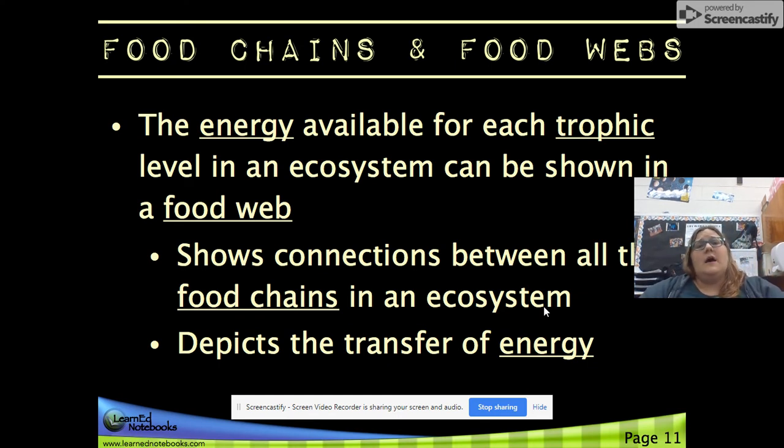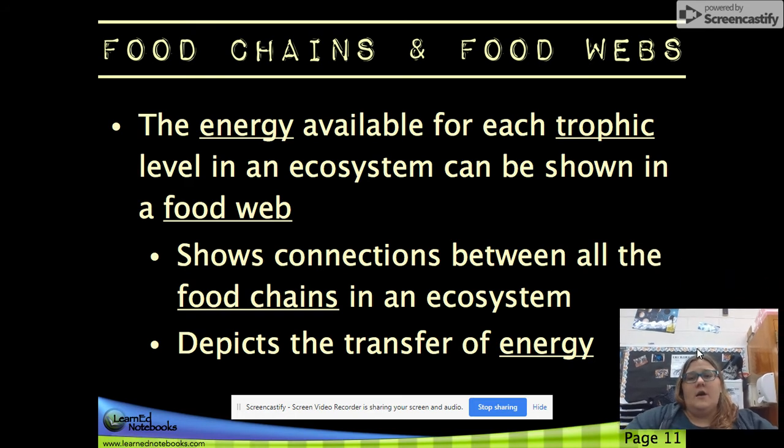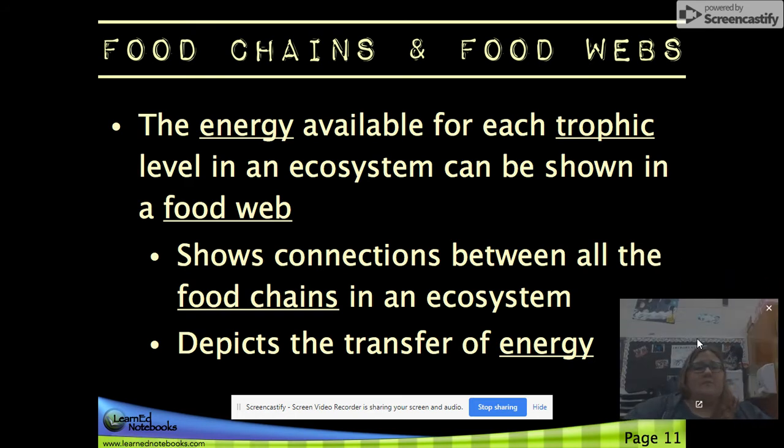All right, page 11. Back to your notes. I'm going to explain the bottom of page 8 and the bottom of page 11 at the same time. So know that it's coming. So the energy available for each trophic level in an ecosystem can be shown in the food web. Remember, we all don't eat just one thing. It matches and it tells you where it's going. It shows the connection between all the food chains in the ecosystem.